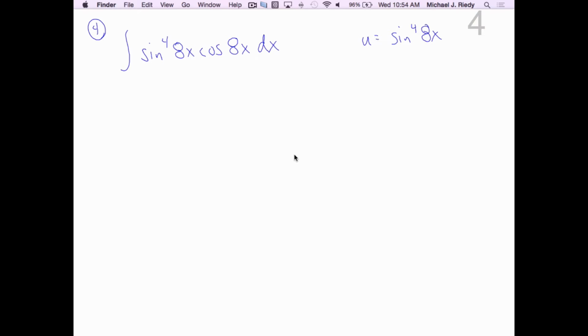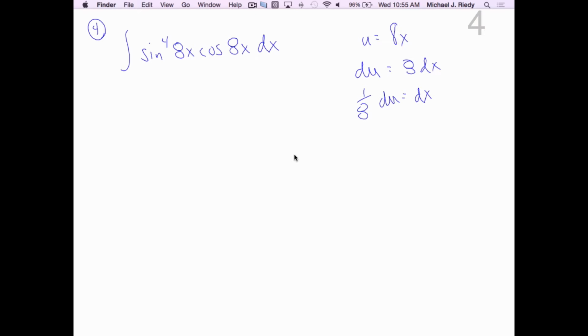Next choice, just 8x. All right, let's try it. You like that one? 8x. You're writing in pen, so you're feeling pretty good. All right, du is equal to what? 8 dx. So that gives me 1/8 du is equal to dx.